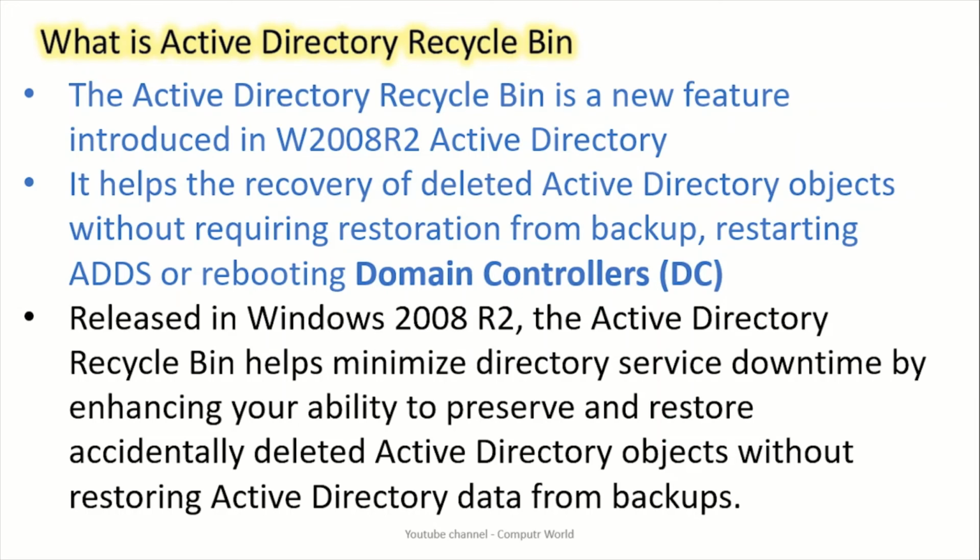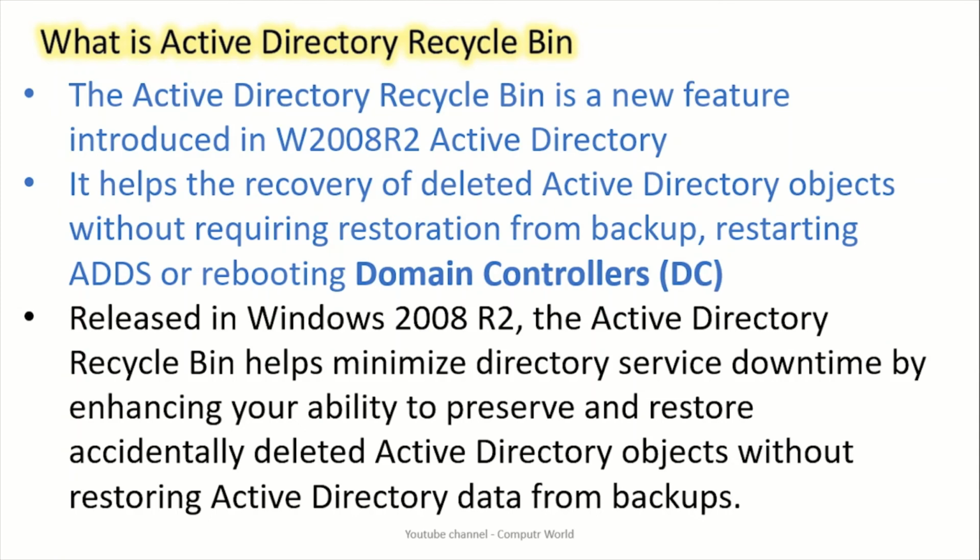The Active Directory Recycle Bin helps minimize directory services downtime by enhancing the ability to preserve and restore accidentally deleted Active Directory objects without restoring Active Directory data from backup. So we don't need to restore Active Directory from the backups.